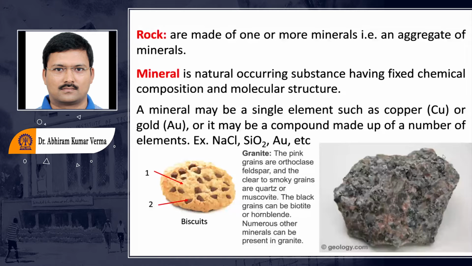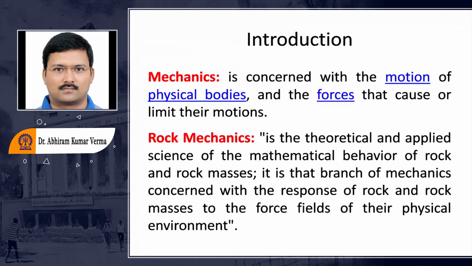You might be knowing that based on the formations, rocks are categorized as igneous, metamorphic, or sedimentary. So we are now going to use all these principles, how those rocks can be used for our engineering applications, so that our life will be more comfortable.